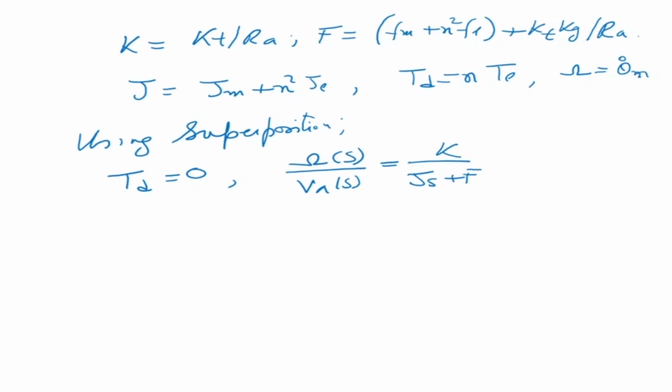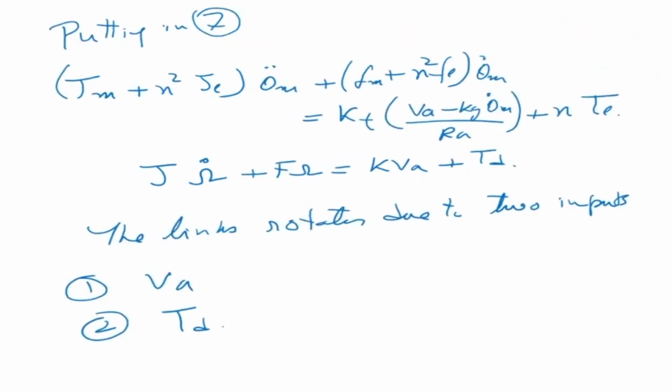If you go back to our previous equation, in this equation, if I say TD is equal to 0, then omega(s) by VA(s) is equal to K by (JS plus F). I've taken the Laplace transform also, so I've written it in the Laplace domain.